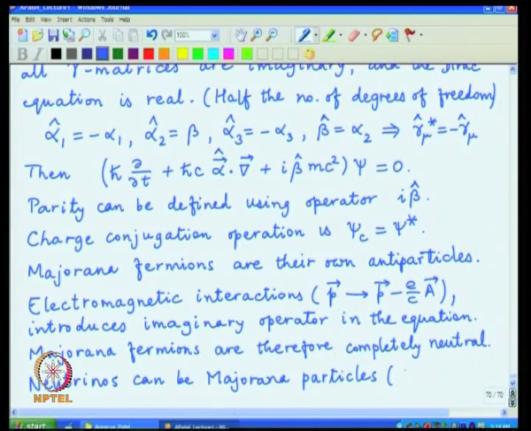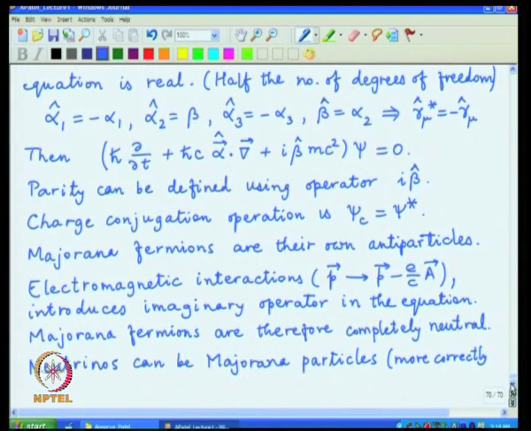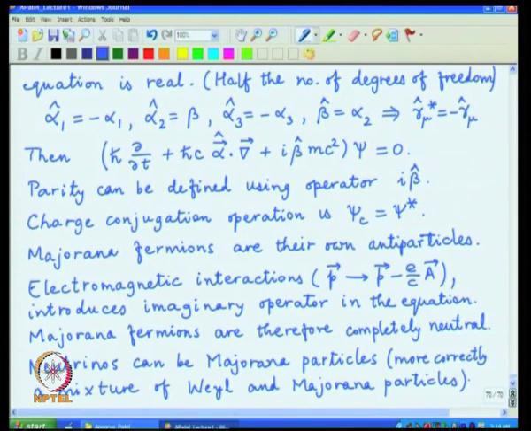So, more correctly, a mixture of Weyl and Majorana particles.